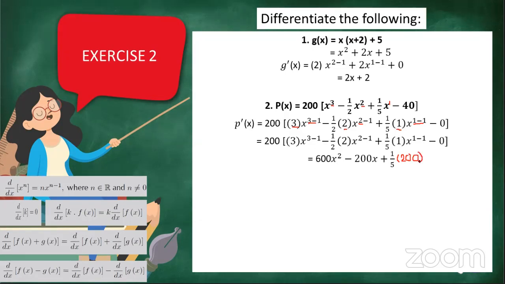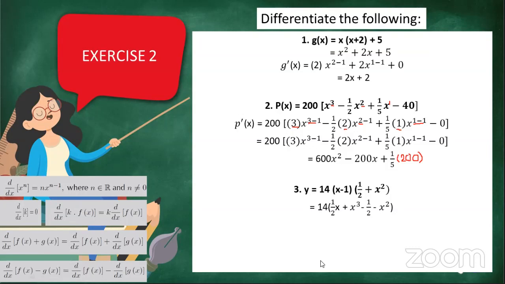Okay, because we're multiplying throughout by the 200. So we're multiplying each term by the 200. Not forgetting this one, because it's x exponent 0, which is 1. And 1 times that times the 1 over 5. Okay.